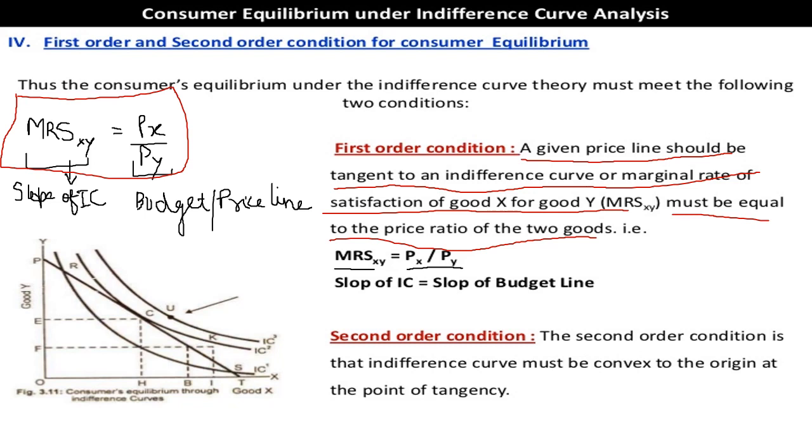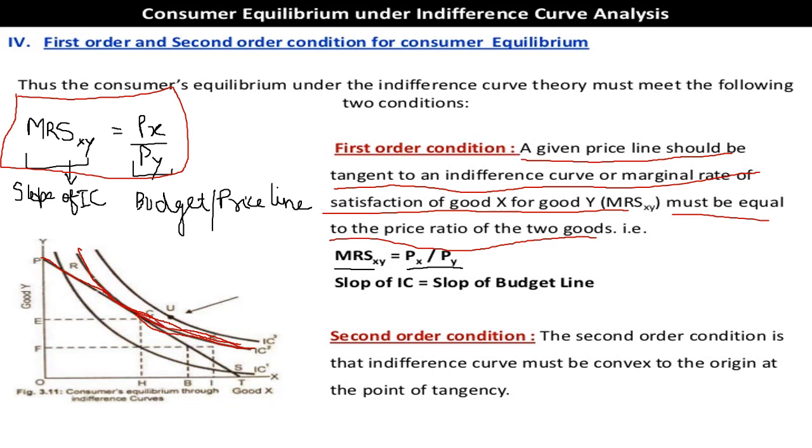Tangent का मतलब आप सबको पता है, ठीक है? सब लोगों ने मैथमेटिक्स पढ़ी है 10th स्टैंडर्ड तक। टेंजेंट क्या होता है? देखो, ये हमारा इंडिफरेंस कर्व है। Our budget line is touching this indifference curve.